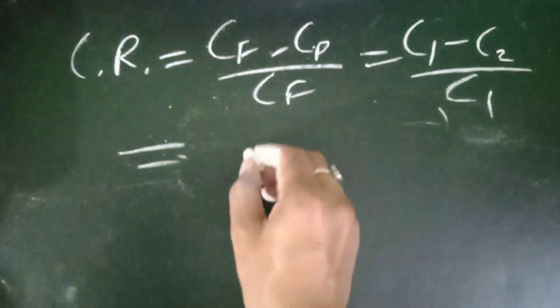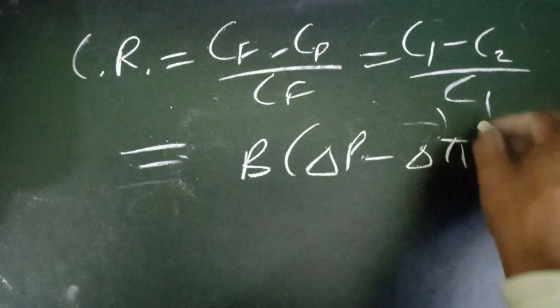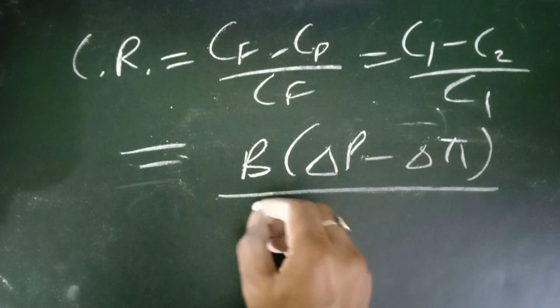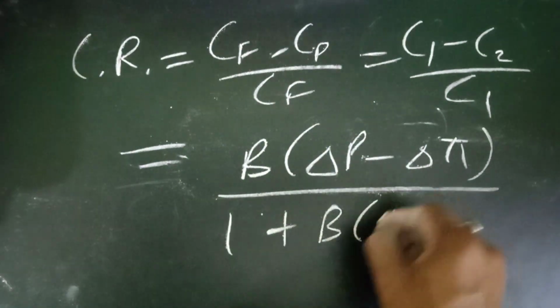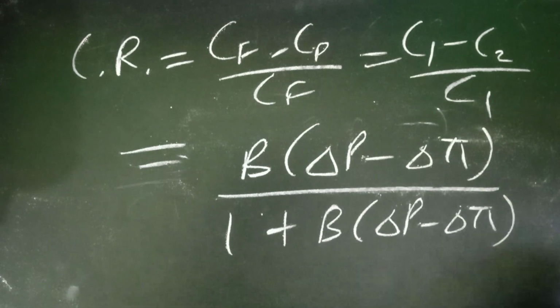Let me write it clearly again. This is B into delta P minus delta pi, upon 1 plus B into delta P minus delta pi. This is the final equation, and what is B here?